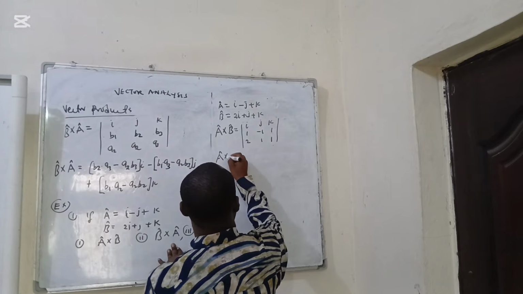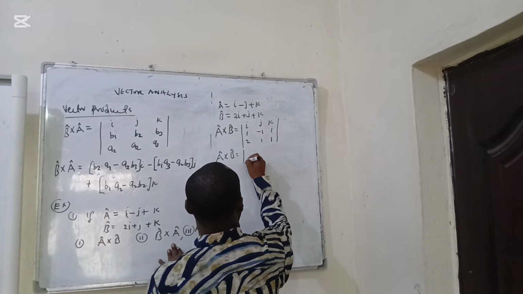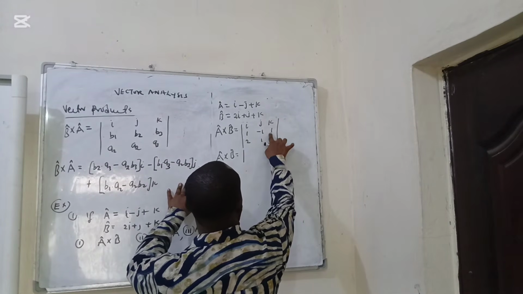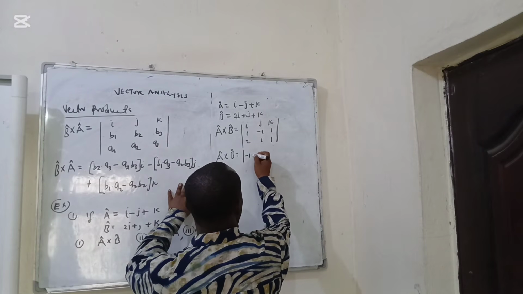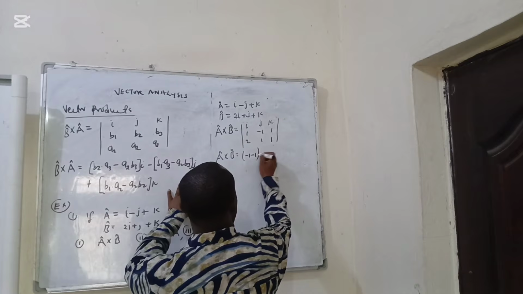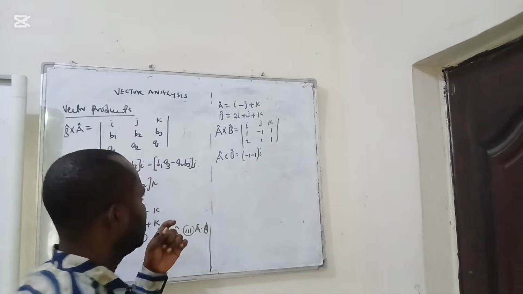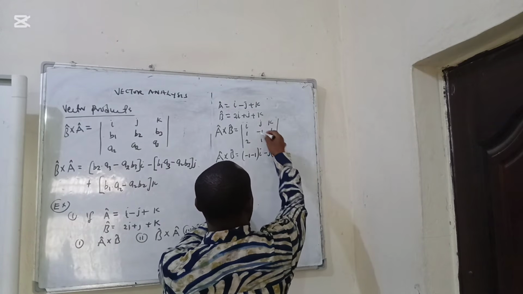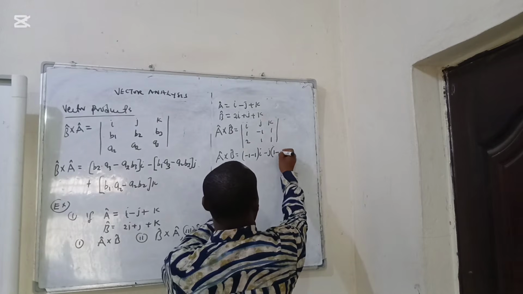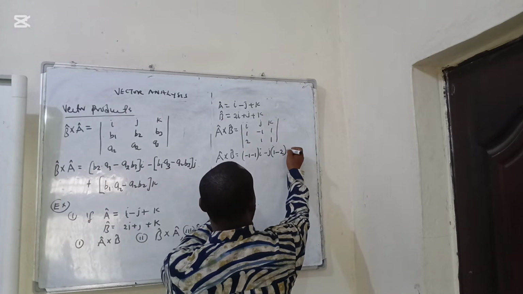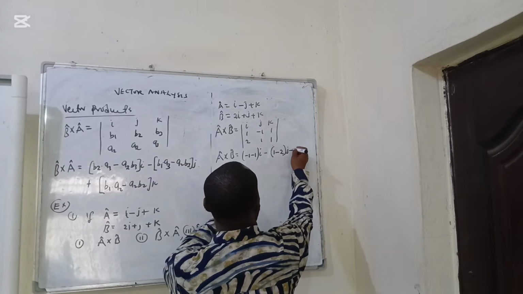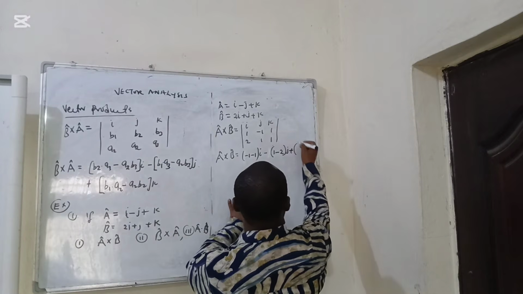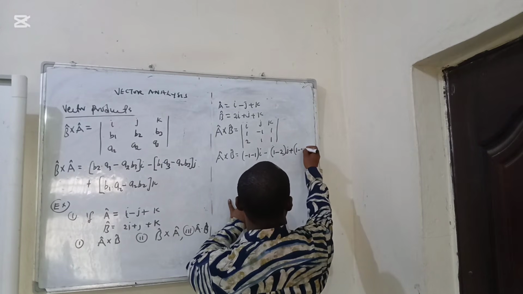So this is actually equal to this times this minus this times this. So we have minus 1 minus 1, so we have minus 2 as the coordinate for i. So the next is crossing this and this. We have this minus 2, so you put this here, and finally we have 1 minus 2.